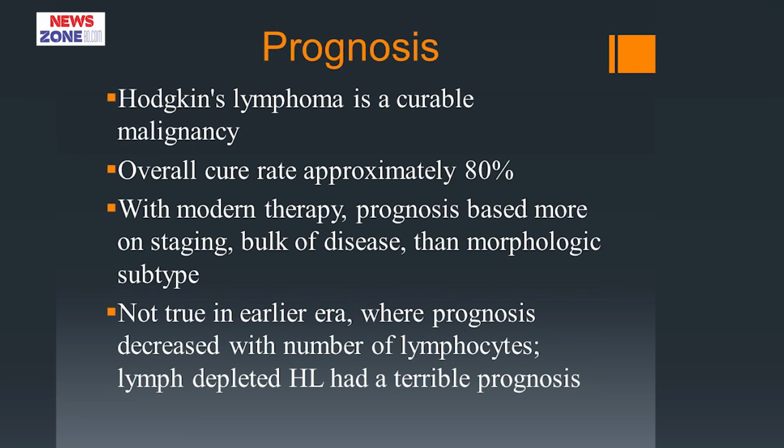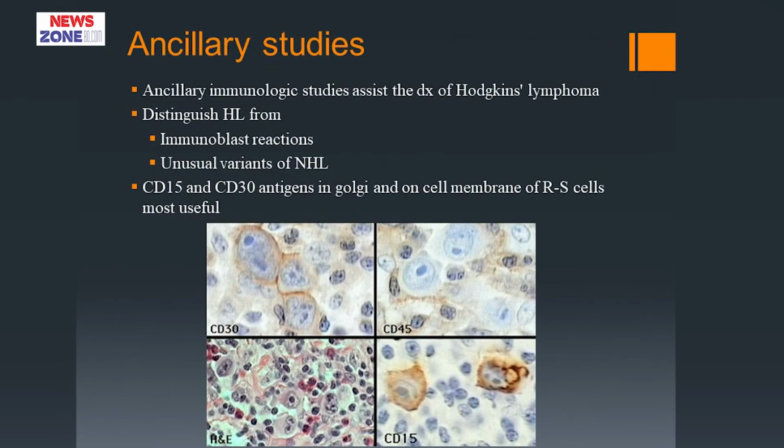Overall cure rate is about 80% with modern therapy. Then, ancillary studies: immunostaining shows CD15 and CD30 antigen in the Golgi and cell membrane of RS cells.